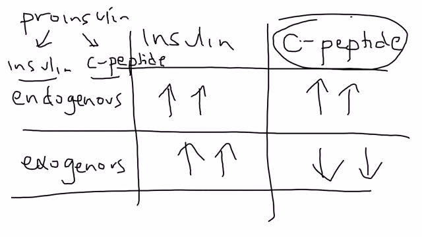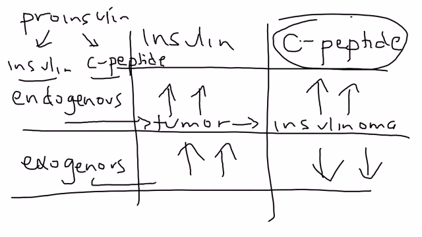Now, some examples really quickly. Endogenous would be like a tumor, like an insulinoma, and exogenous would be like some factitious disorder, a disorder where someone is just injecting themselves with insulin and then trying to fake symptoms.